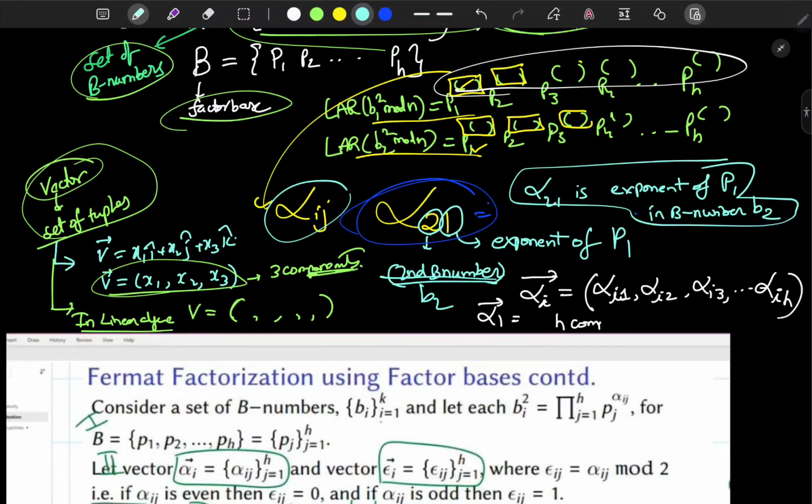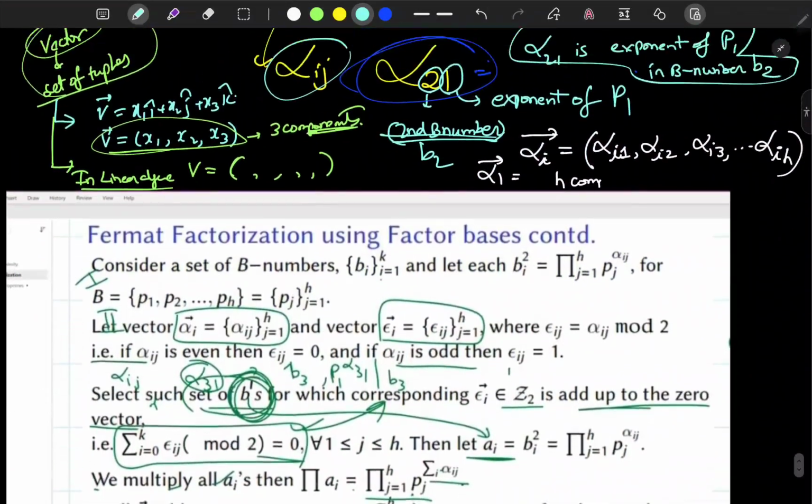Whenever you say alpha i2, i is the ith b number, and 2 denotes that this is the exponent of the base p2. That is, p2 to the power alpha i2 in the b number.